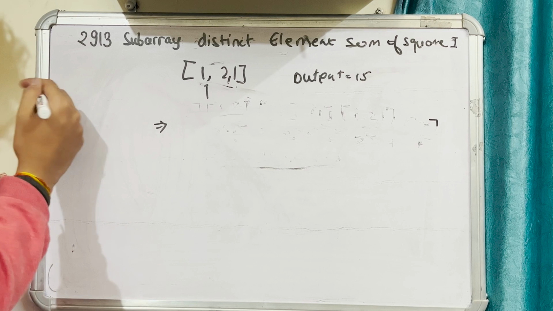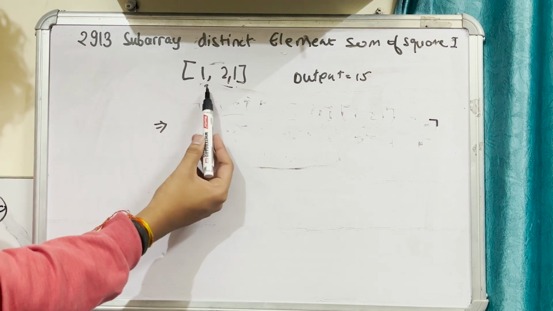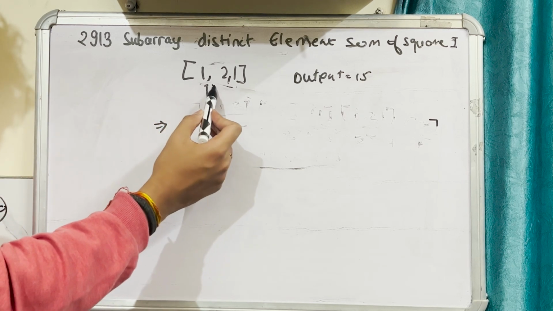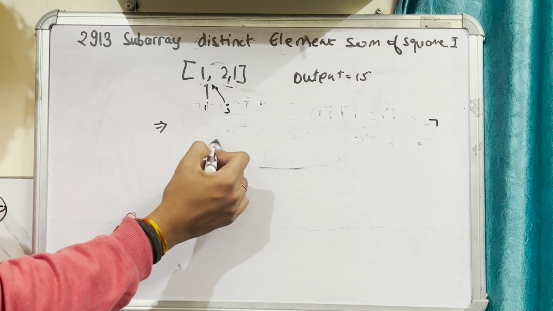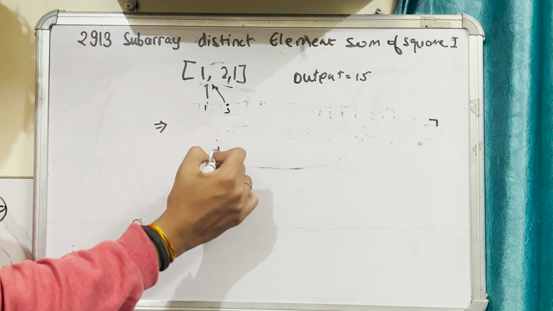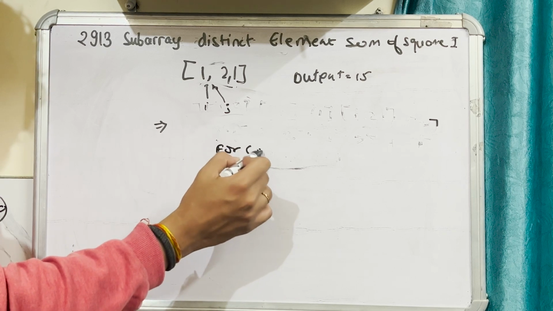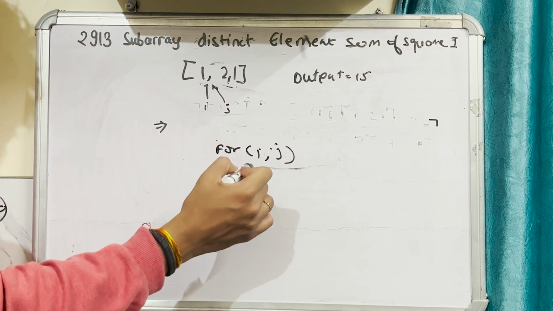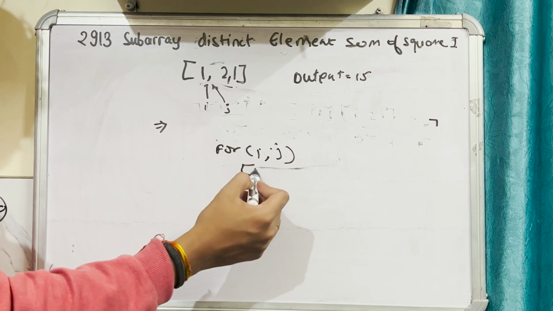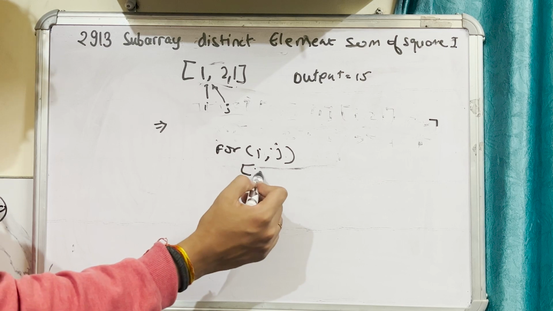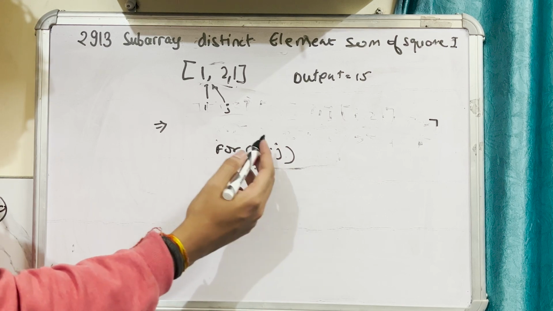You can use an i pointer and a j pointer, run a loop from i to j, and add all the elements into any vector or list, or a set also. That will help with distinct elements.